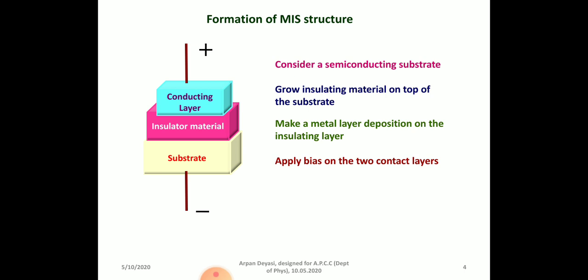So you can give bias to metal and semiconductor, and you will get a device with two terminals. Now two terminal devices are resistor, capacitor, diode, inductor, and things like those. Out of which this MIS structure works as a capacitor. Fine. So MIS is nothing but a capacitor.